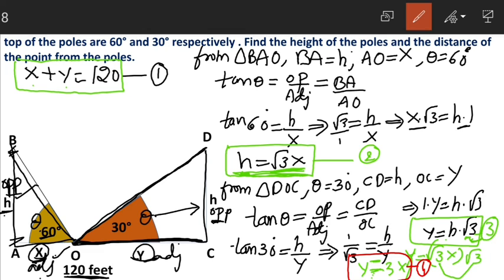See here, y is equal to 3x, and from equation 1 we know that x plus y is equal to 120.